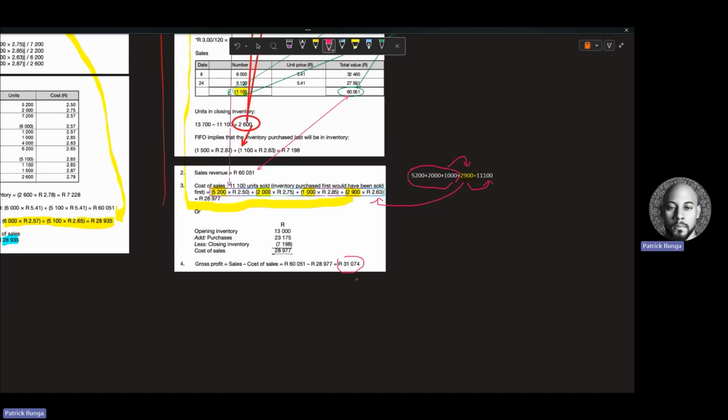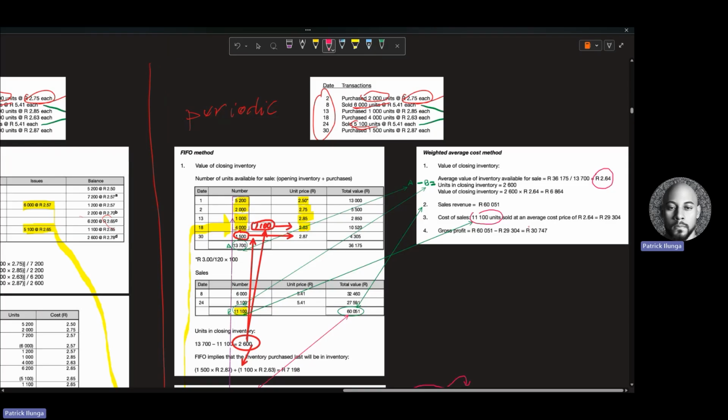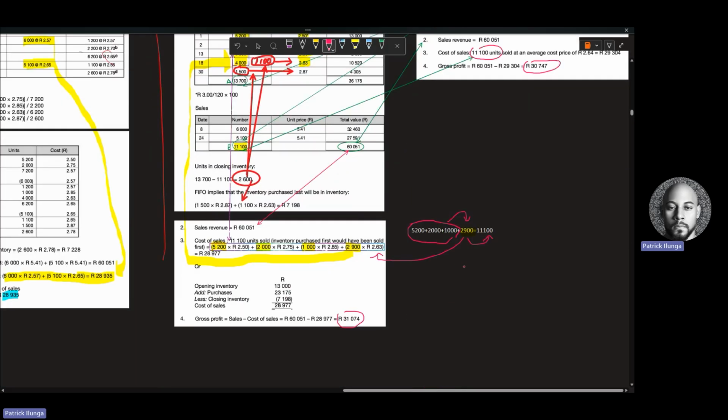This cost for the FIFO will be different from this cost for the weighted average. So please don't try your luck using one method in place of another method.